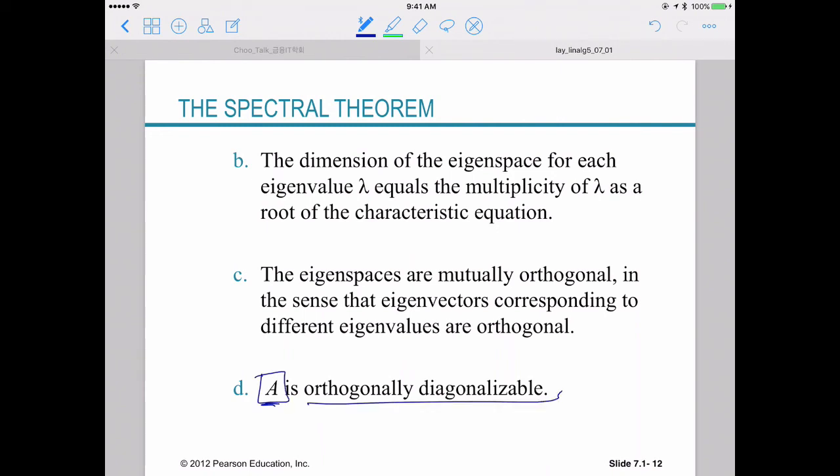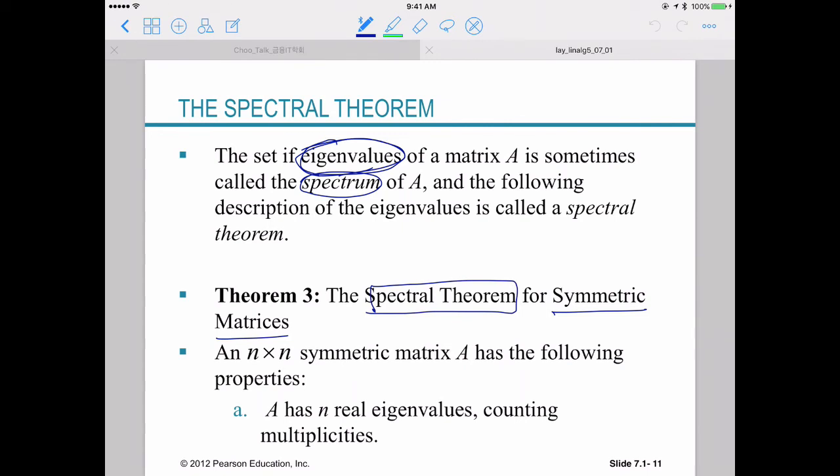And what was A? A was a symmetric matrix. The reverse direction was easy to prove, but the direction where the matrix is symmetric and then orthogonally diagonalizable was a little bit difficult to prove, as I mentioned. This theorem is about that particular tricky direction.